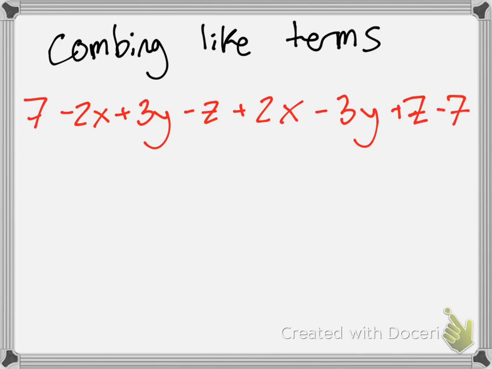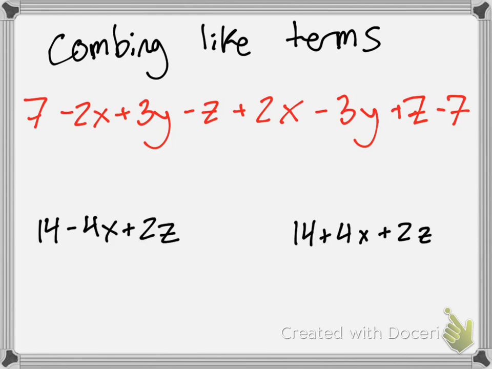So I want you guys right now to combine these like terms and tell me when I combine them, what do we get? I like to do this where I'll highlight, I'll circle, I'll underline, I'll do something, the same terms. So we're going to see this. I was given 2 answer choices, 14 minus 4x plus 2z or 14 plus 4x plus 2z. Let's see if these are correct.